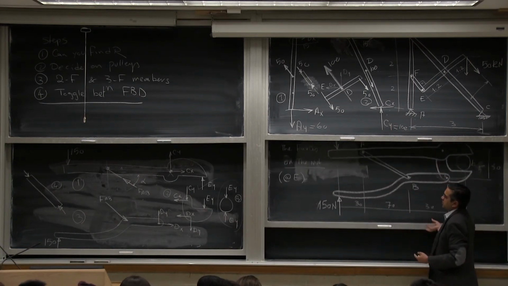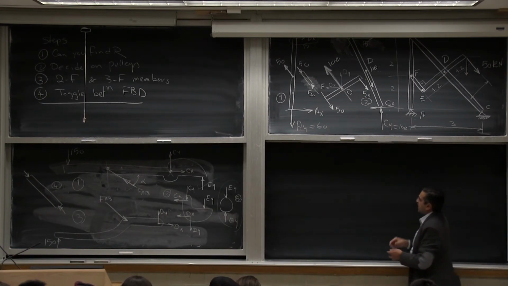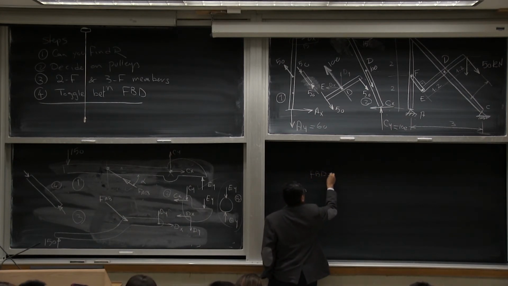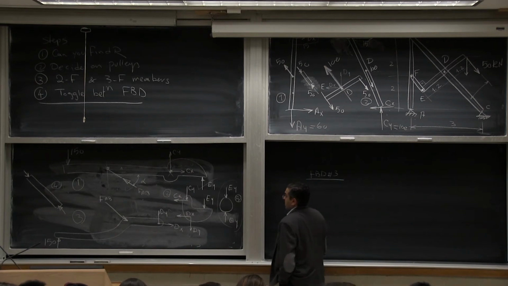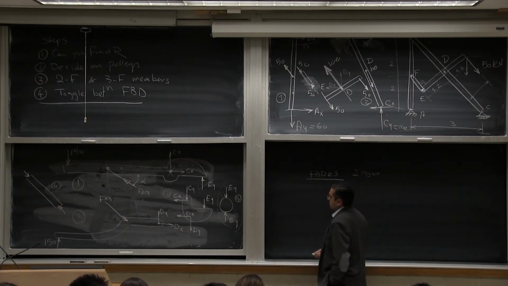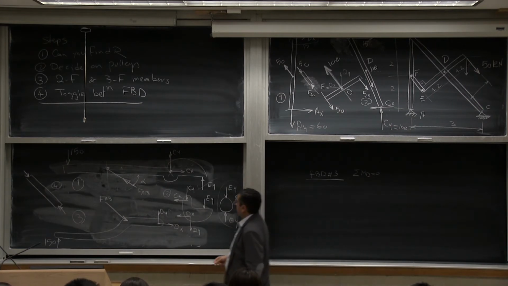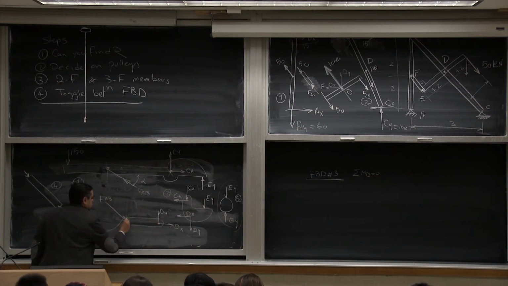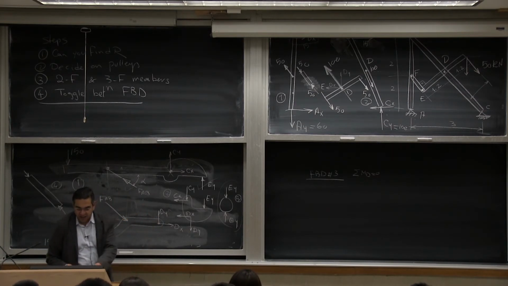So let's forget about this and try to solve. I'll say free body diagram number 3, sigma MD equals 0. Well, what do I know about this? I know this will be the y and the x. The x is going here, so this is the y. I'll find alpha first.